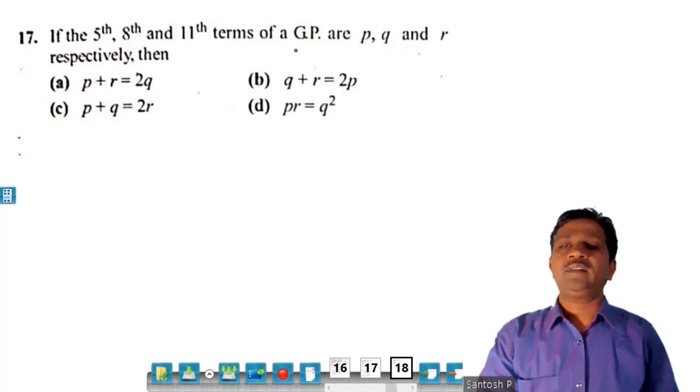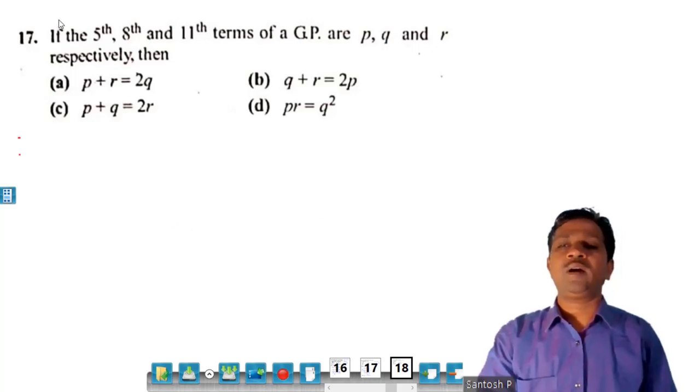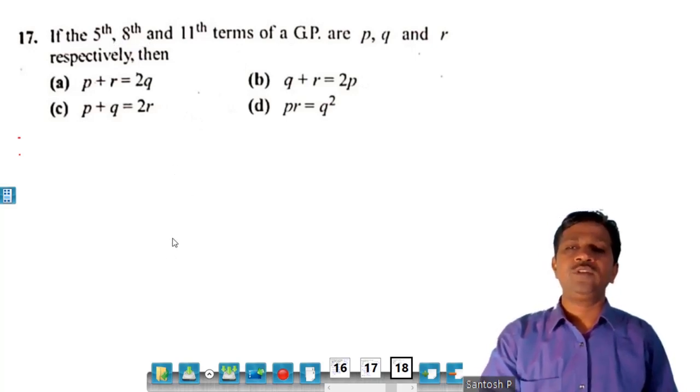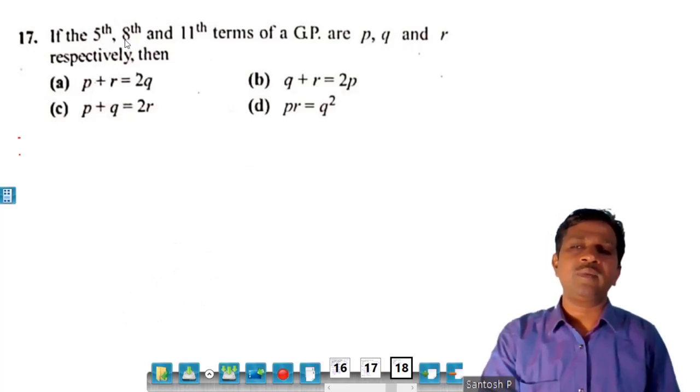The fifth, eighth and 11th terms of a GP are P, Q, R respectively, then we have to find. So here is one trick. If you have to solve this problem directly, it will become very complicated, very lengthy. But if you use this trick, you can observe that from the fifth to the eighth term, 3 is added, and then from the fifth to the 11th, 6 is added, and there is a trick here.